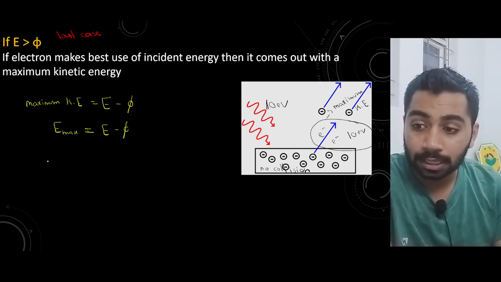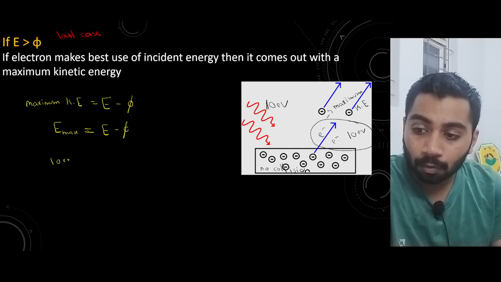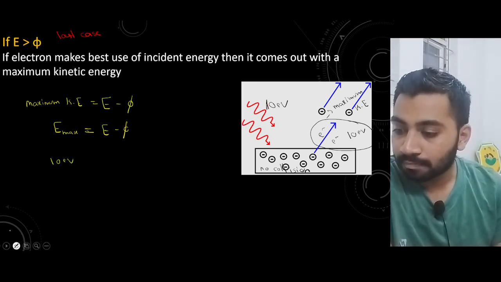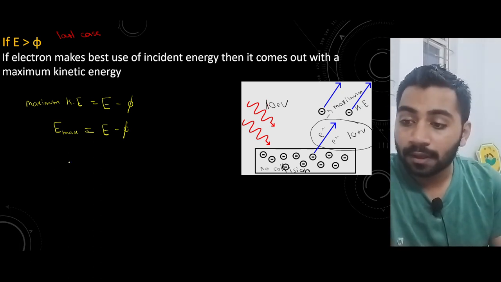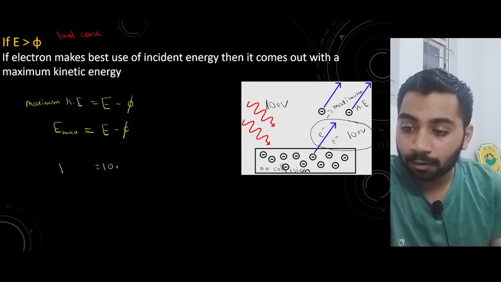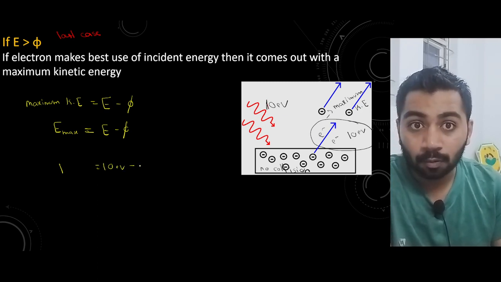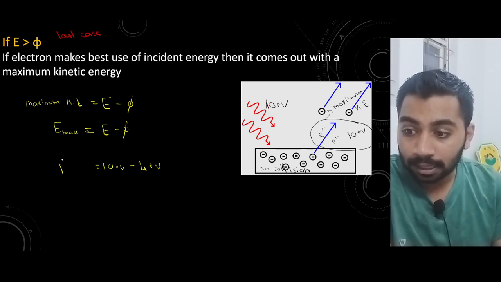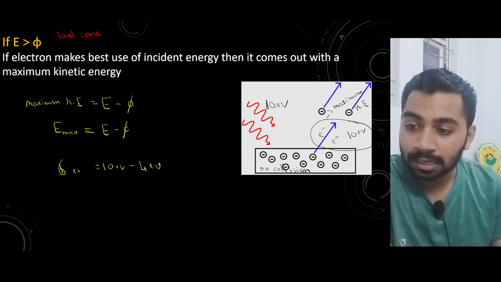Now see, if I apply 10 electron volt and the work function of a metal is 3 volt, then the remaining is 6 volt.